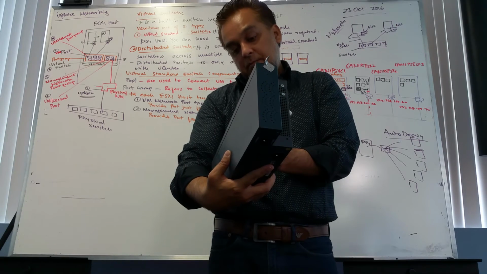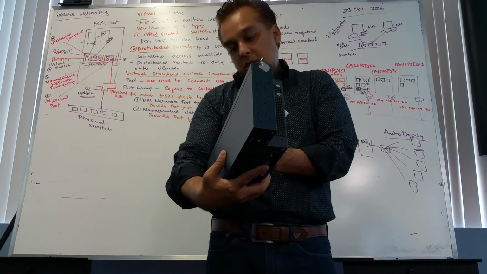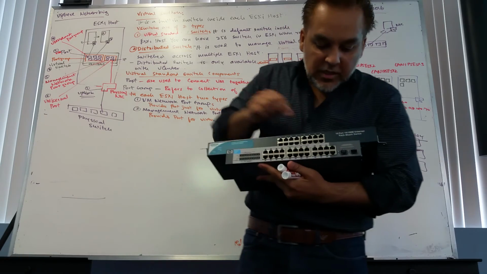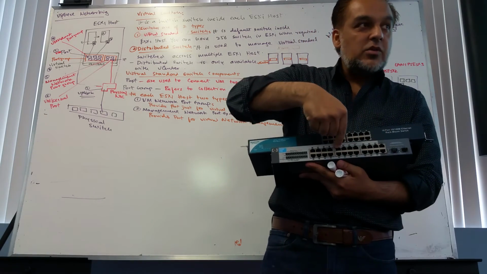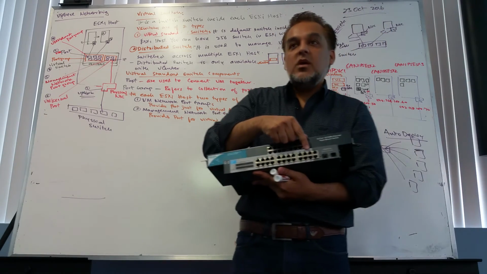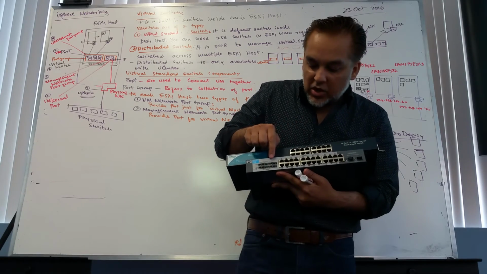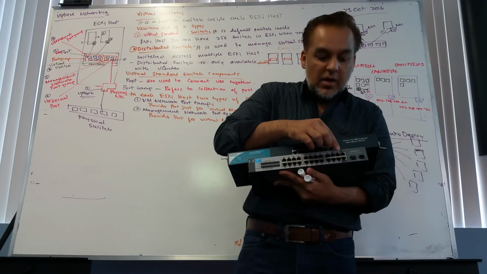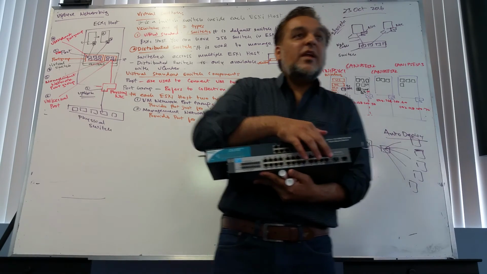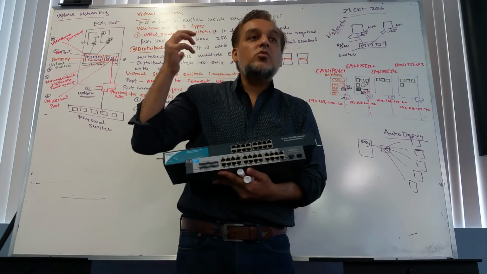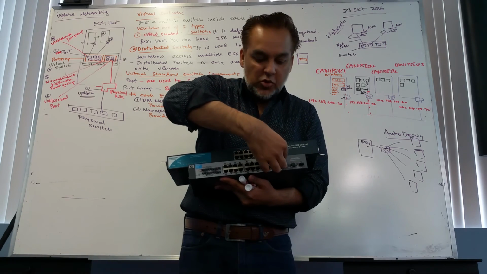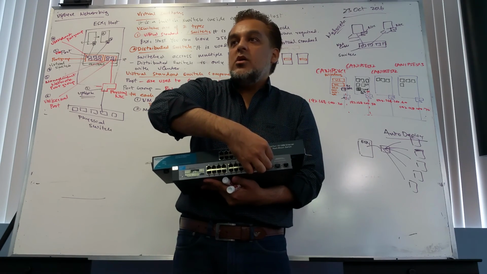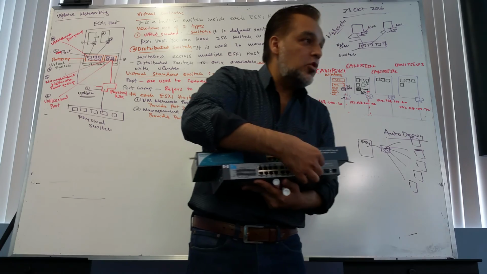On this one, there is none. But if you look at this other switch, all of them are white, and here there is a gray one. These are 2 uplink ports for this switch. Whenever you need to connect this switch with other switches, you would use this port and connect like this. So this is just an uplink port.